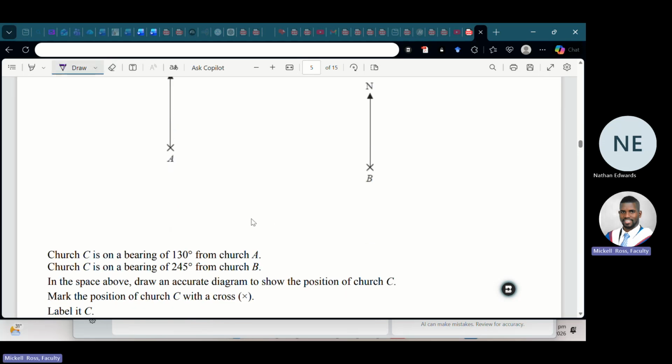So church C is going to be somewhere down here, because it says church C is on a bearing of 130 from A, and church C is on a bearing of 245 from B. So 245 is going to get us all the way around here.